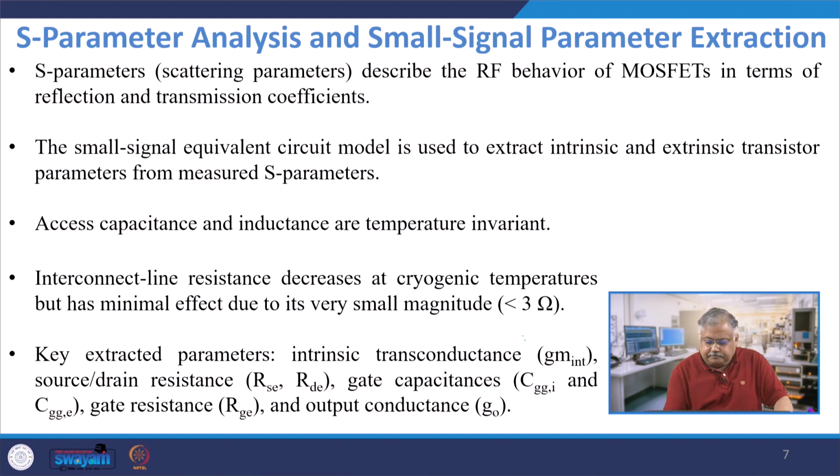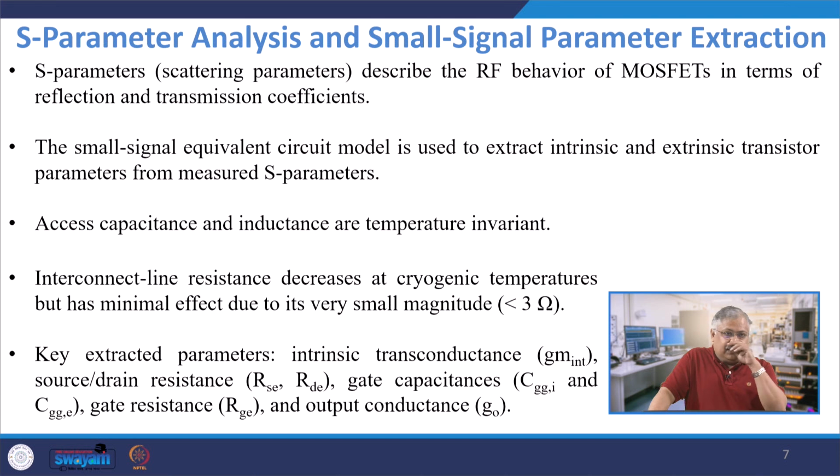The reason being, for example, as you lower your temperature, the intrinsic transconductance changes, right? Similarly, your passive resistance elements, though they don't change too much, nonetheless, if you're talking in terms of microampere, there will be a small change in the value of the source and drain resistances, right?